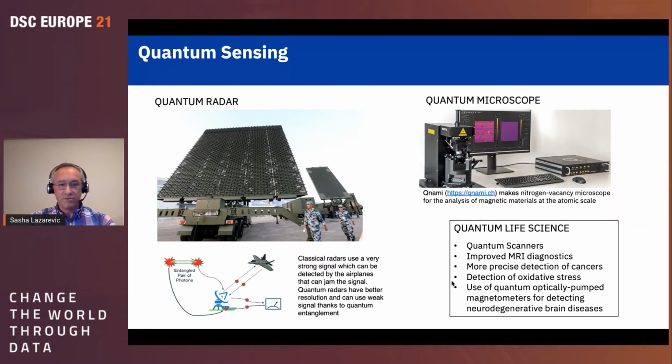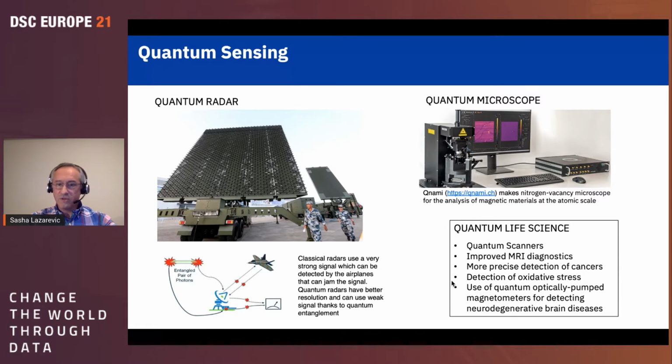For example, another application of quantum sensors, this quantum radar, is coming from China. It can detect stealth bombers, stealth aircraft, by using much weaker signals than traditional radars and being much more precise. Then quantum microscope. Here we see a Swiss startup company, QNAMI.